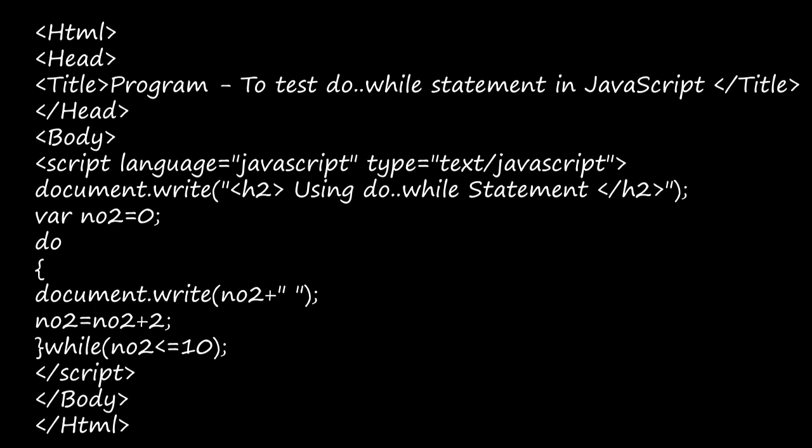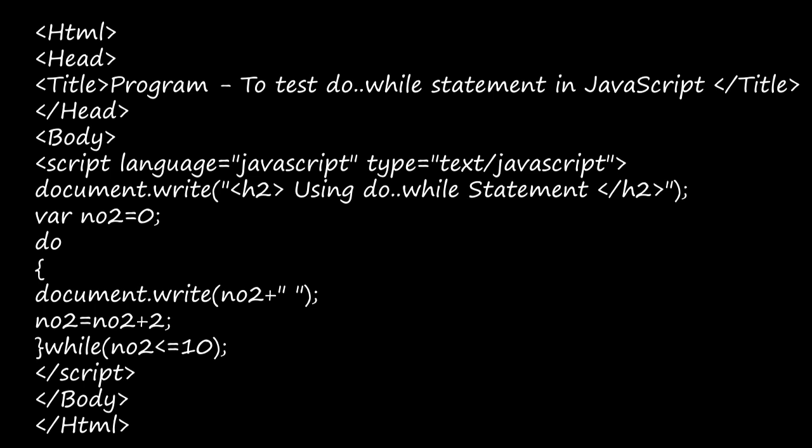So the script format is language equal to, inside double quotes, JavaScript. Type is equal to text slash JavaScript, also inside double quotes, and we can close the script tag.